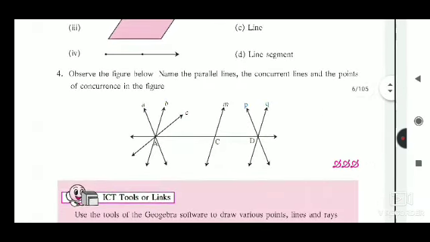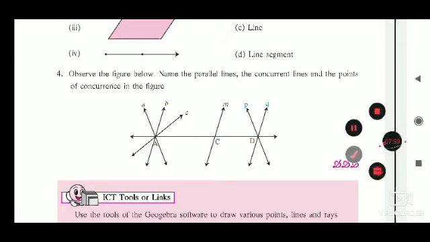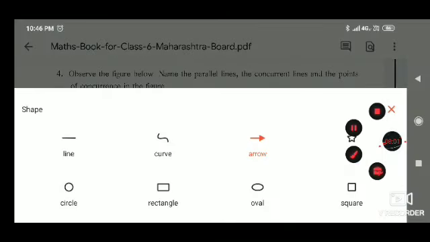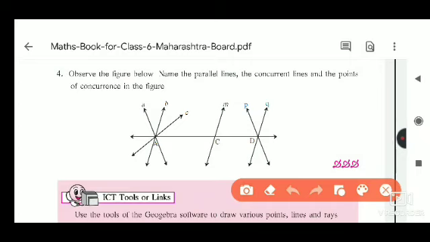Observe the figure below and name the parallel lines. So which lines are parallel here? We will see. See here, these lines I am drawing here.